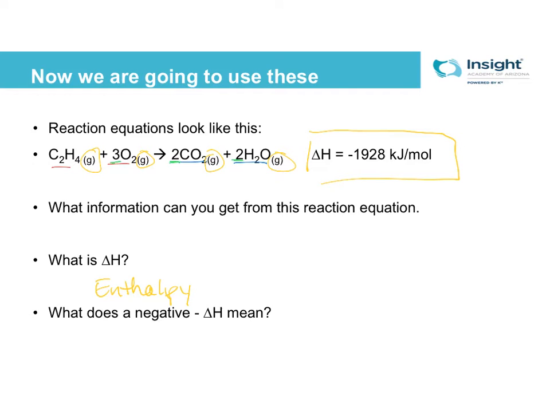Like, for example, since this is a negative delta H, a negative enthalpy, would this be endothermic or exothermic? Alright, and then since we know it's exothermic, this is something that gives off energy and heat. Which makes sense, because this is a combustion reaction, which is like burning things.